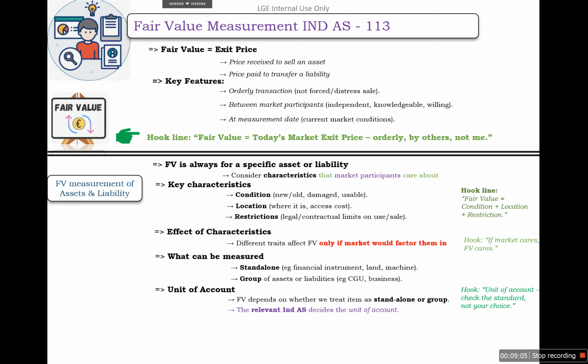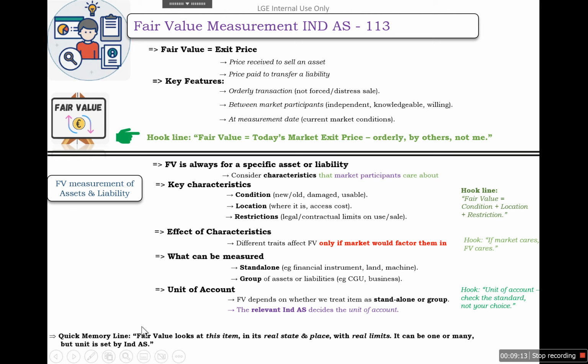So unit of account is not a choice of the entity, but it is a direction from the accounting standard. So if we summarize it, fair value looks at this item in its real state and place. We have discussed condition, location and restrictions, and it can be one or many, but the unit is set by the accounting standard, not by the entity.